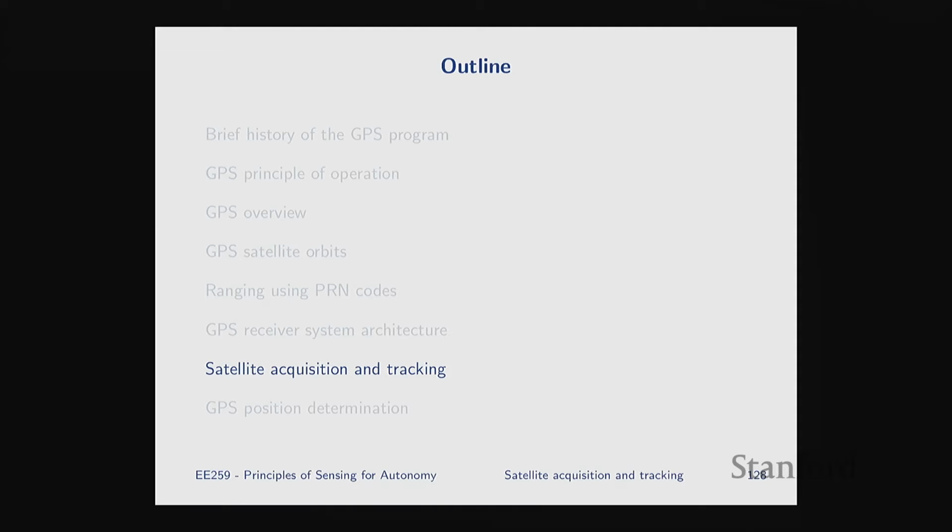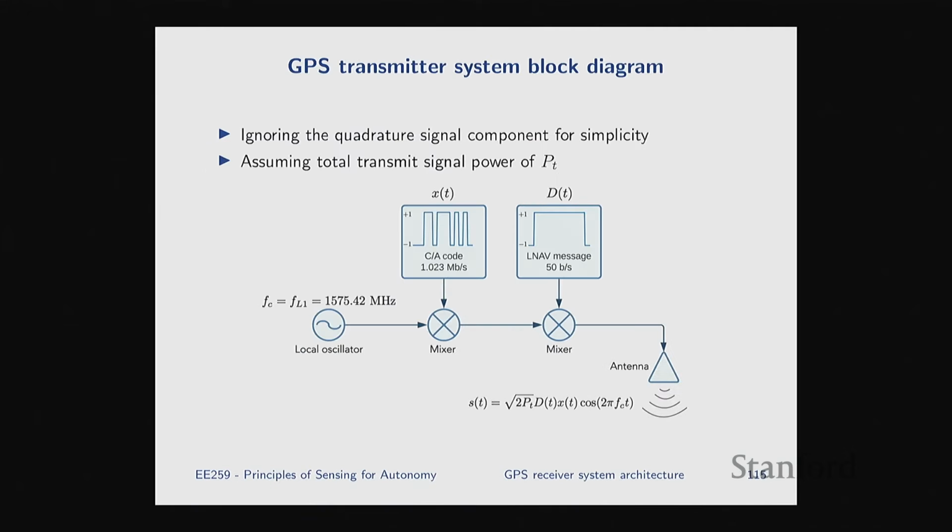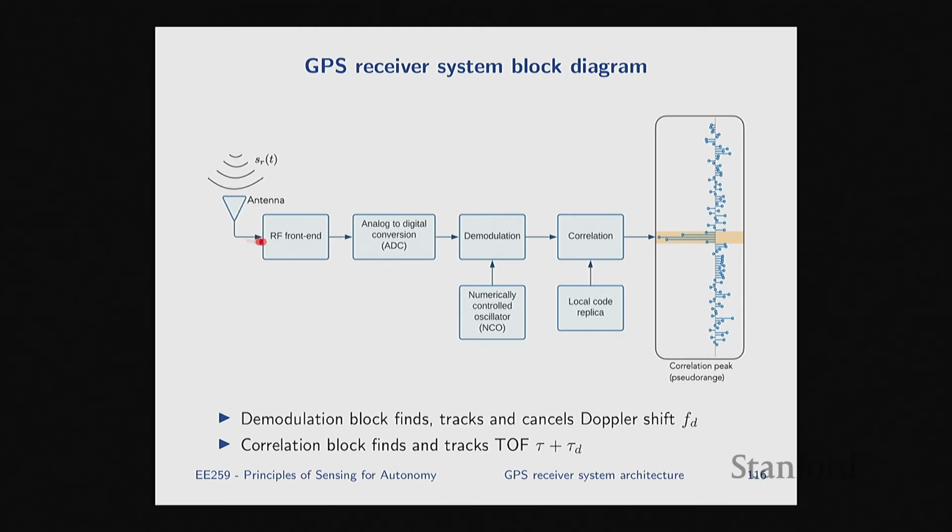OK, so this was kind of like at a system level. Again, let's look at this slide real quick. So we fully traced the signal from the input of our receiver system through the entire signal chain: the amplification, the heterodyne down conversion, analog to digital conversion, and then the second step, demodulation with the Doppler tracking, and then finally the correlation, and then tracking, finding this peak at the correlator output.